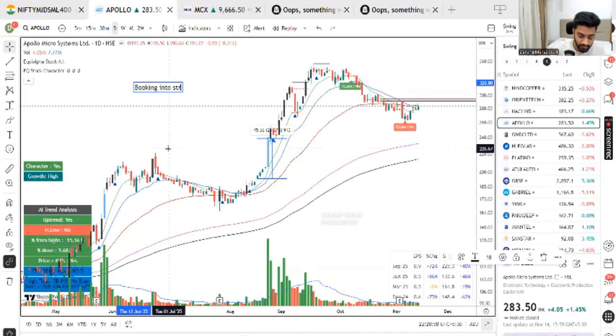This is more of a risk reward basis, in part position only. Part position can be 30%, it can be 20% also, and it can be 50% also. In this range, it is totally dependent on your emotional handling capacity.